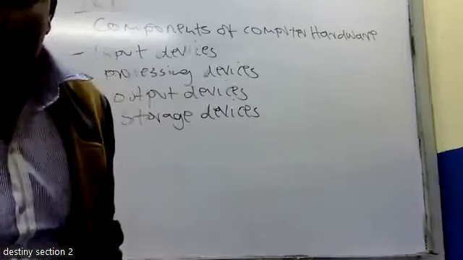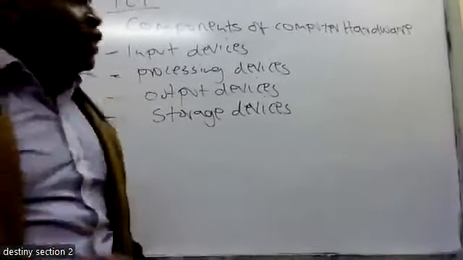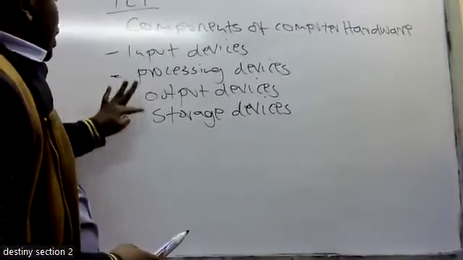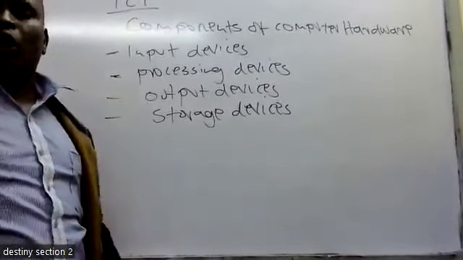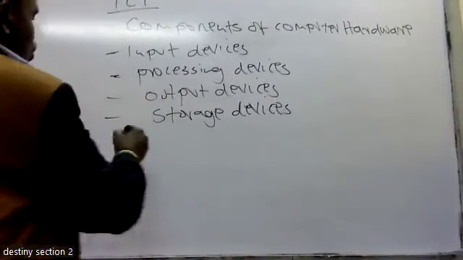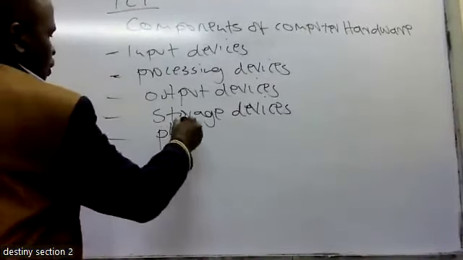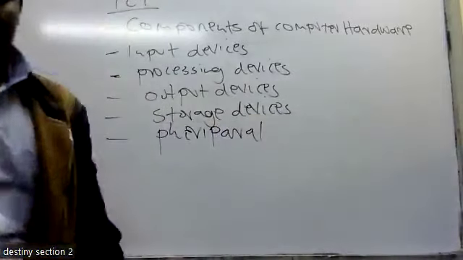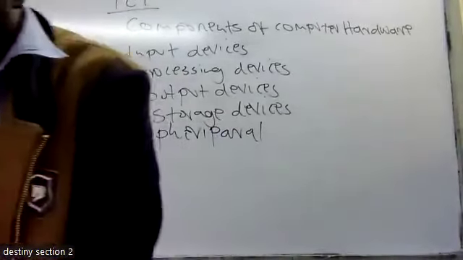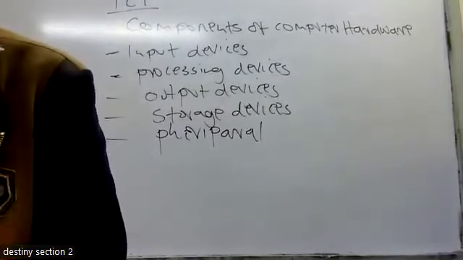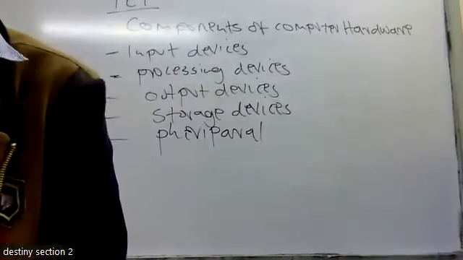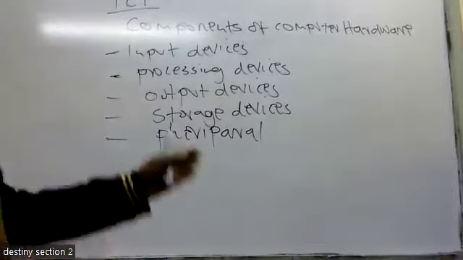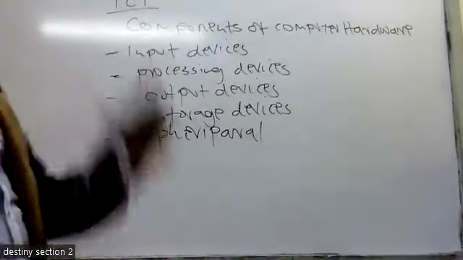It doesn't matter how you twist it at the end of the day. We also have one more component, the peripheral devices. So those are the components, or categories, of a computer hardware.